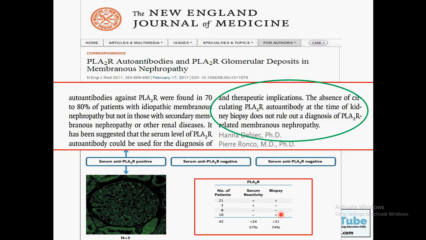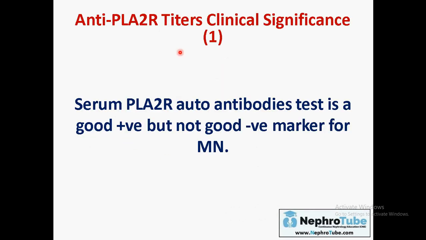What I want to say at this point, and this is the first clinically significant importance of anti-phospholipase A2 receptor antibody, is that the serum phospholipase A2 receptor autoantibody test is a good positive but not a good negative marker for primary membranous nephropathy. So the presence of phospholipase A2 receptor antibodies is highly suggestive of primary membranous nephropathy, but their negativity doesn't exclude it.